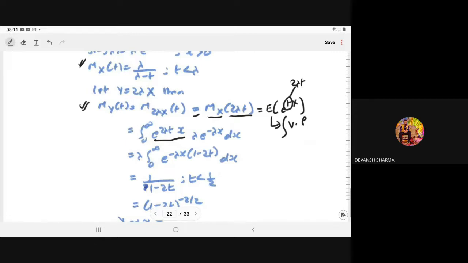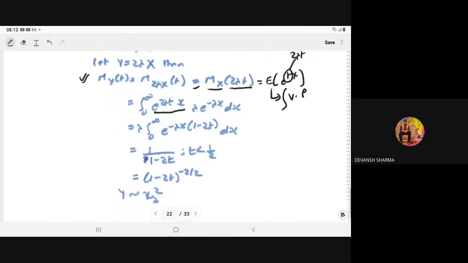If you take lambda outside, the integral from 0 to infinity of e to the power minus lambda x into (1 minus 2t) dx, on integration gives you 1 upon 1 minus 2t. So 1 upon 1 minus 2t can be written as (1 minus 2t) to the power minus 2 upon 2.